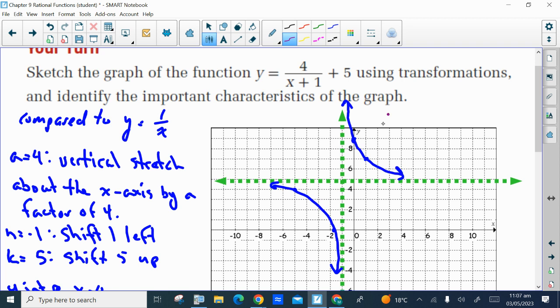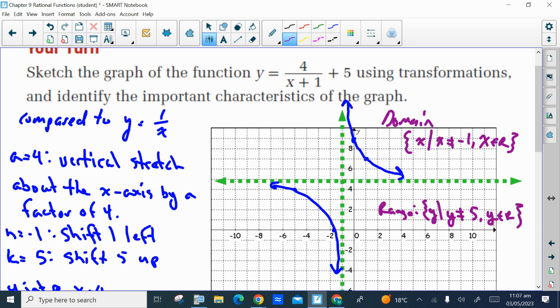The domain of this, if I use set notation, is all values of x such that x cannot equal -1, but all other real numbers belong to the domain. The range is all values of y such that y cannot equal +5, and it's all other real numbers.